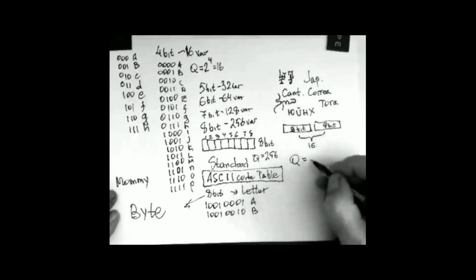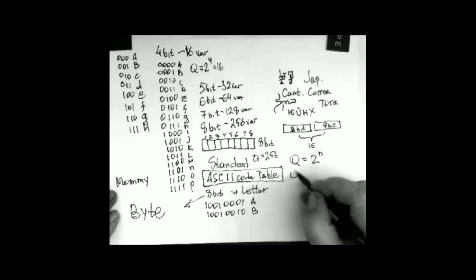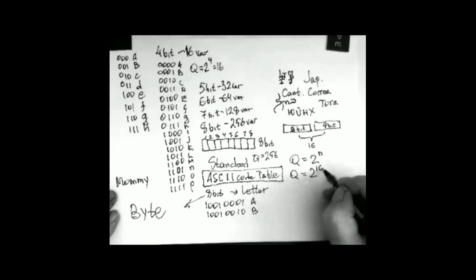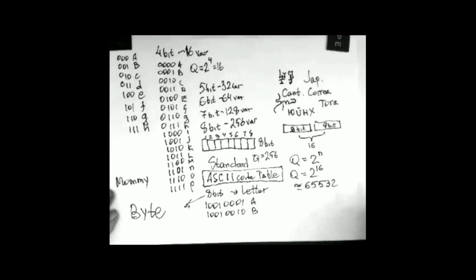According to my formula, Q is equal to 2 to the power of n. For 16 bits, that will be Q equal to 2 to the power of 16, which is, I don't remember exactly, but approximately 65,000. You can take a calculator and get exactly what it gives you.